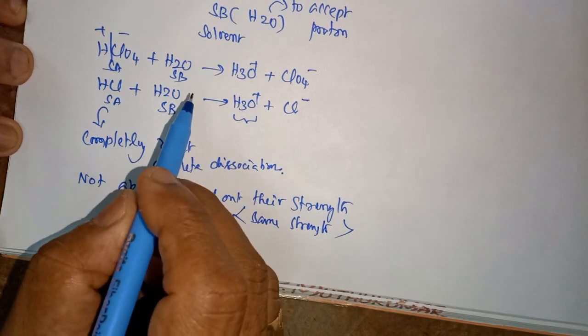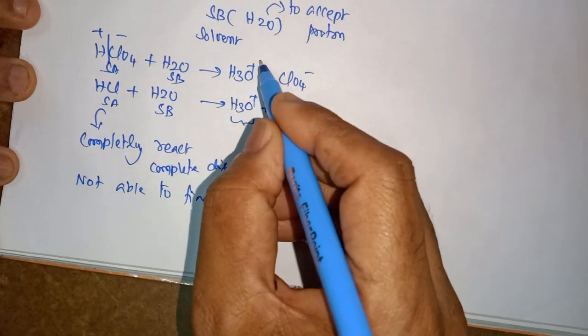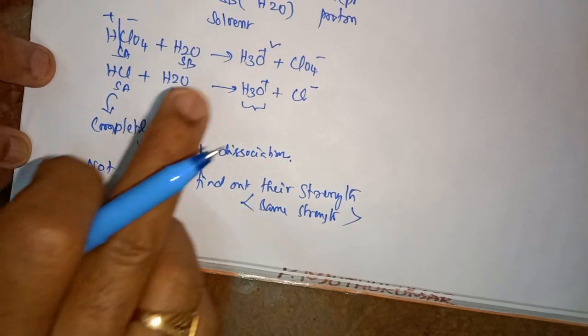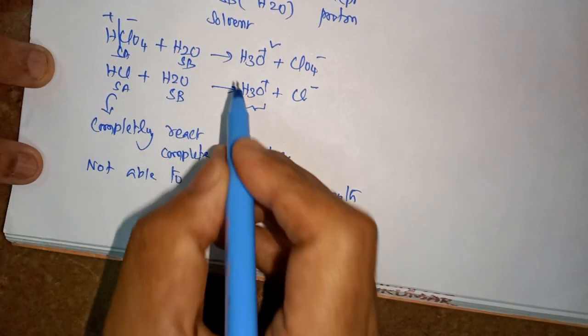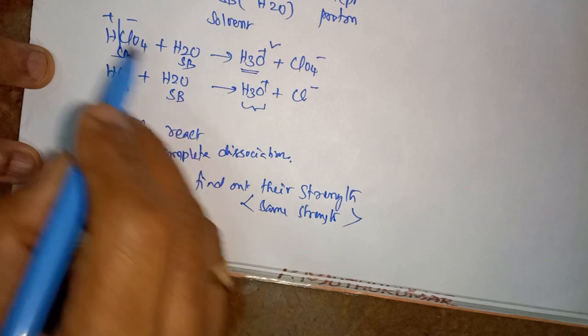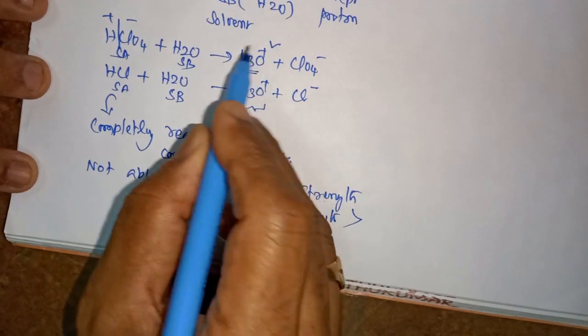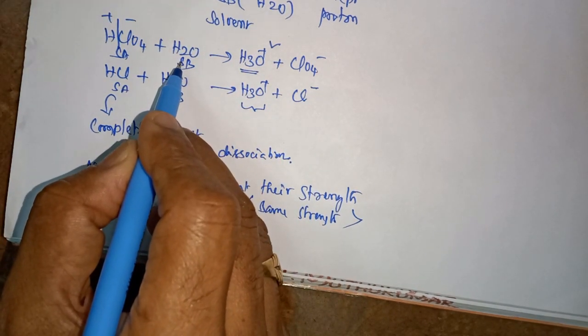So I take one more point regarding this. In water, the strongest acid is H3O plus. Even if I take any acid stronger than H3O plus and dissolve it in water, what will happen?